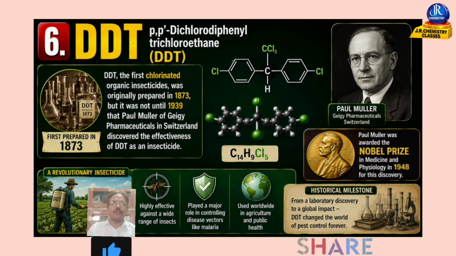DDT, the first chlorinated organic insecticide, was originally prepared in 1873, but it was not until 1939 that Paul Muller of Geigy Pharmaceuticals in Switzerland discovered the effectiveness of DDT as an insecticide.